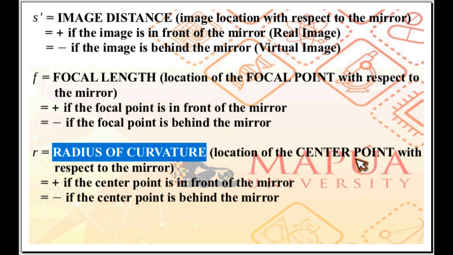How far is the center point of the curvature from the mirror? Where is the center point located with respect to the mirror? Is the center point located in front of the mirror, or is the center point located behind the mirror? R is positive if the center point is in front of the mirror and negative if the center point is behind the mirror.